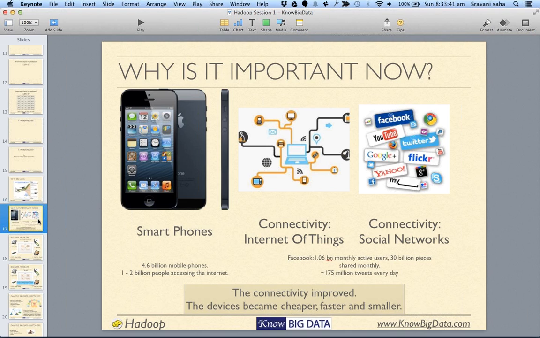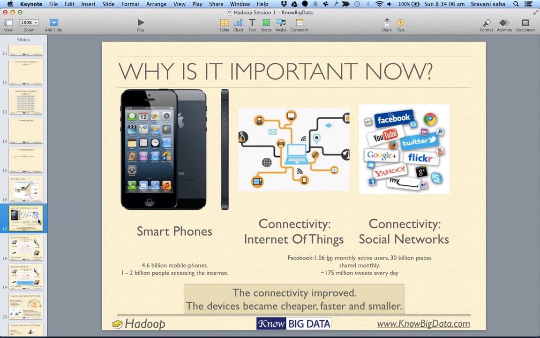You got smartphones and other devices which are basically the generators of the data. And then you got internet connectivity which has been improving every day. And because of the connectivity, this data gets multiplied across the internet.